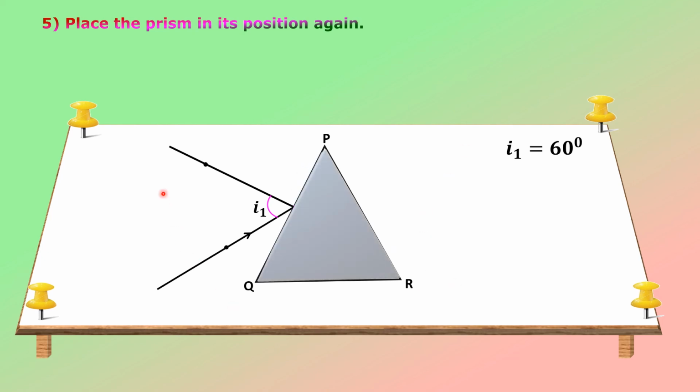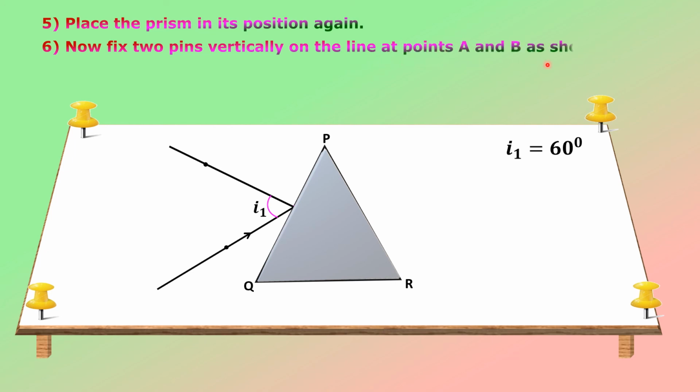Now let us fix two pins vertically on the incident ray at the two points A and B. This is the point A, this is the point B. I am fixing two pins vertically. Remember, the pins always should be fixed vertically.